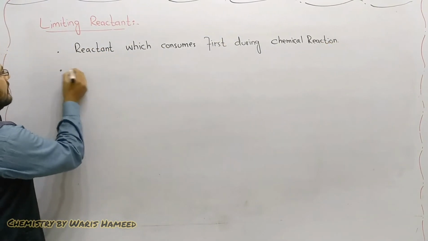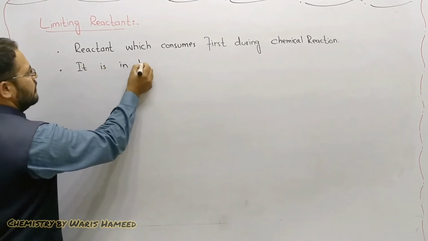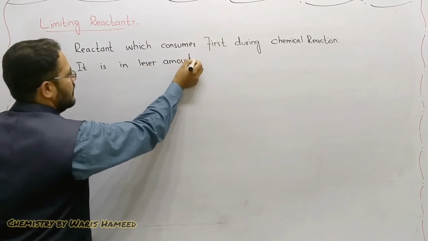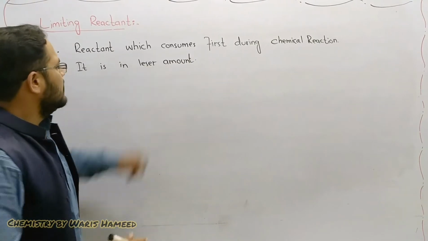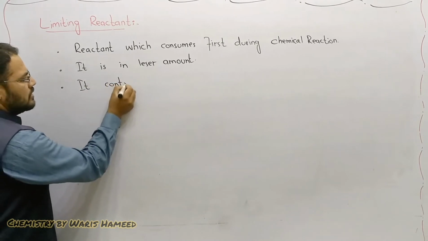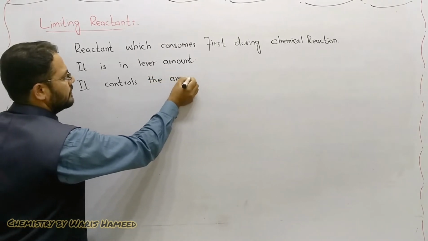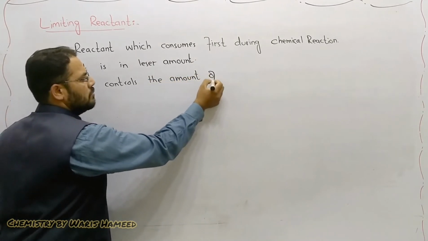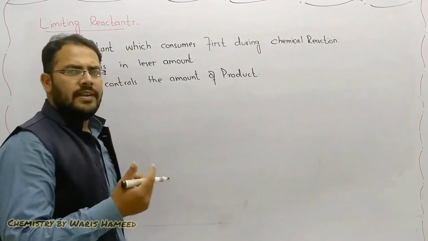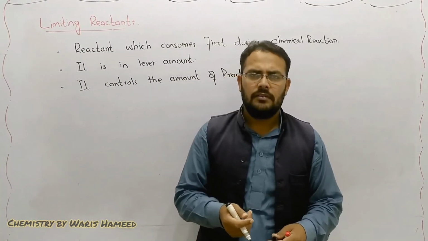Because it is in lesser amount. And if it is in lesser amount, then we can say it controls the amount of product. If one reactant ends, then there will be no formation of further product.